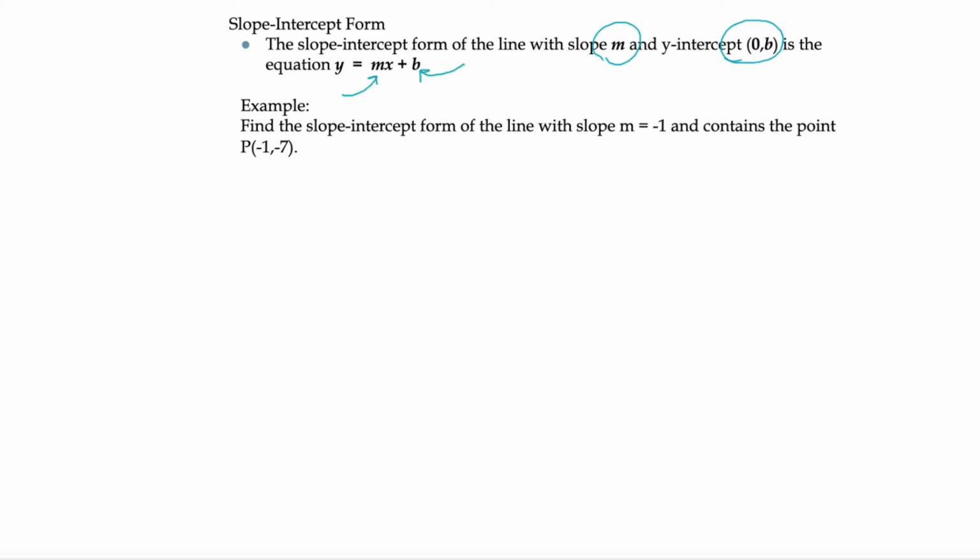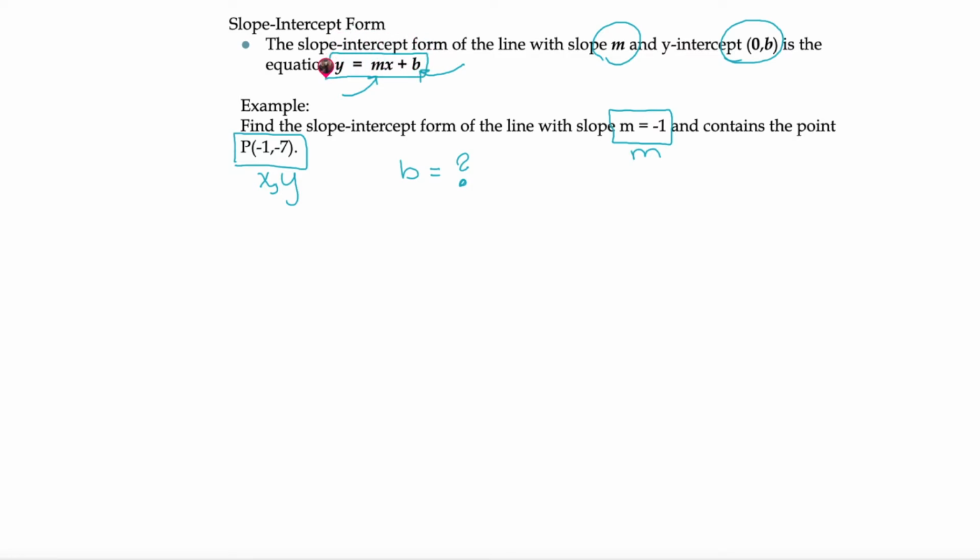So find the slope-intercept form of the line if we have a slope of -1 and we have a specific point. Well, I know my specific point, I'm given an x and a y value. I have my m value, but I don't know what my y-intercept is. But what I can do is substitute all of the things that I do know into the generic equation and solve for b.